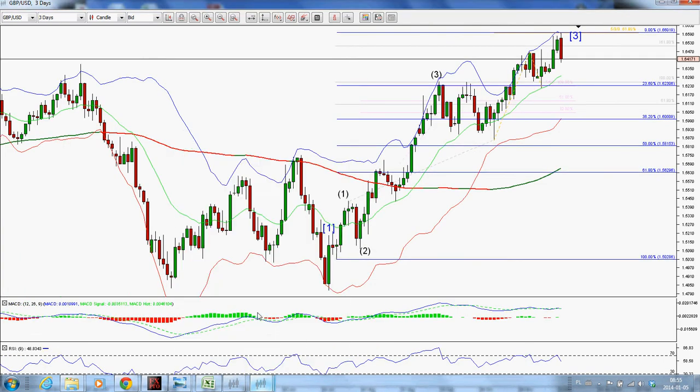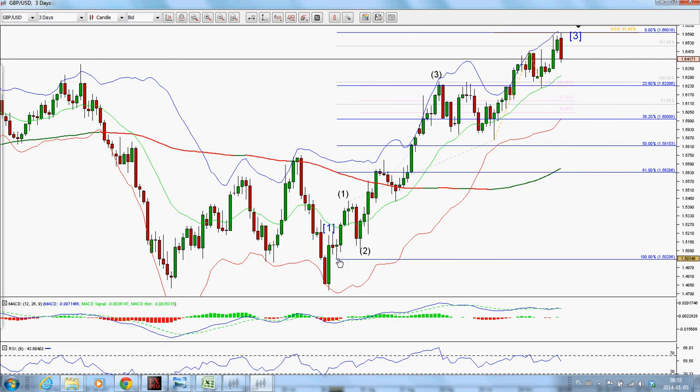This will take time, because the second corrective wave was faster, so this will take more time, and that one was shallow, so this will be slightly deeper.